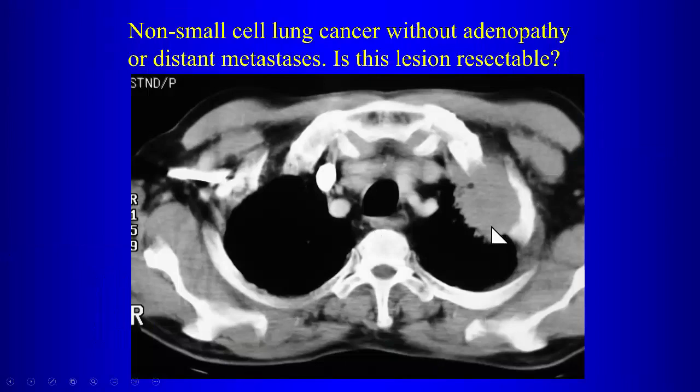So here's a tumor here. If I tell you that there is no lymphadenopathy, there is no metastatic disease, there is something you need to notice about what this tumor is doing, and what do we notice? It's invading the chest wall, right? Is this tumor resectable? Yes or no?